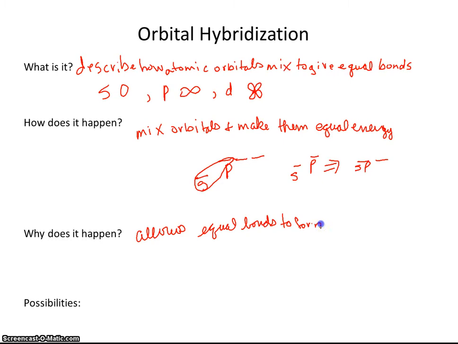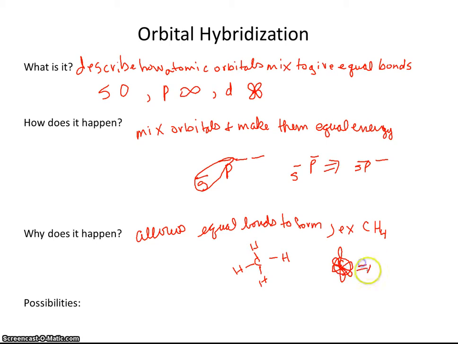And we know this does this. If I have CH4, for example, and I'm going to have C, H, H, H, H, you explain to me how I'm going to get that out of a carbon that has an s orbital and 3 p's.